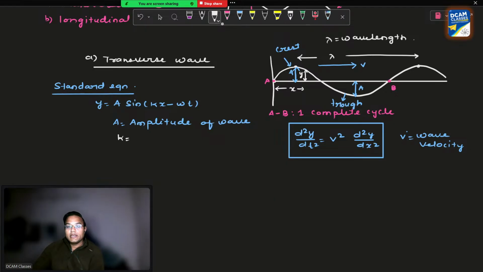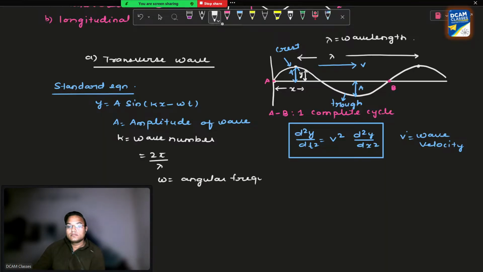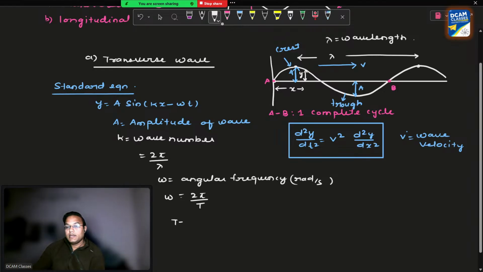What is k? k is known as the wave number. It is represented by 2 pi by lambda. Omega is the angular frequency, in radian per second. It is 2 pi by T, where T is the time period. What is time period? Time taken to complete one cycle.